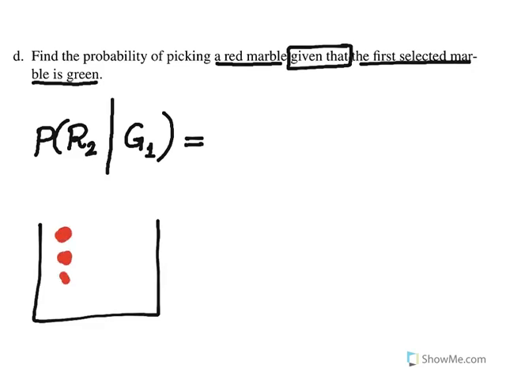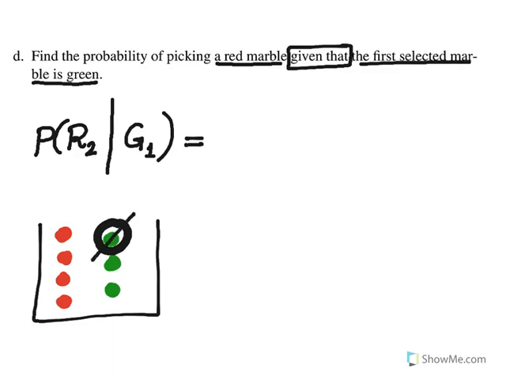We have 4 red and 3 green. And so here they're asking us, what's the probability that you have a red ball on the second draw, given that the first one was green? So they are telling you that the first ball that you have chosen is green already. This you know already.